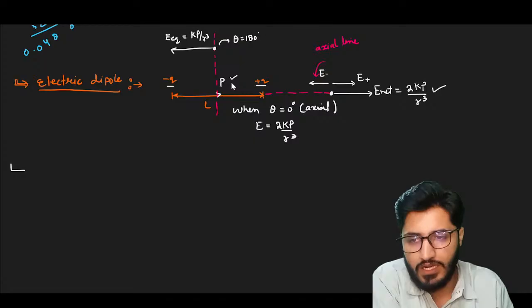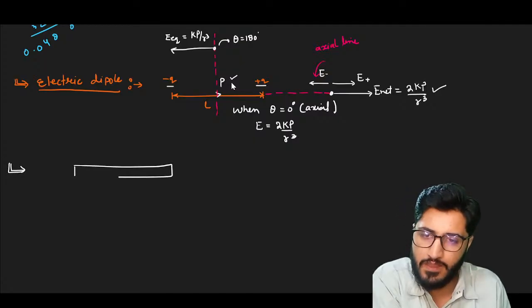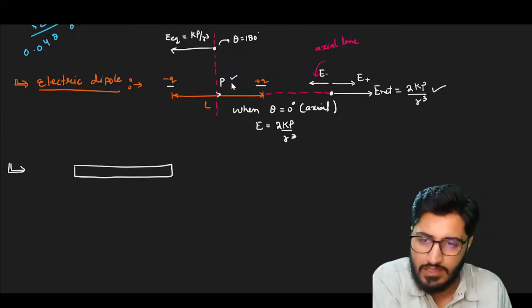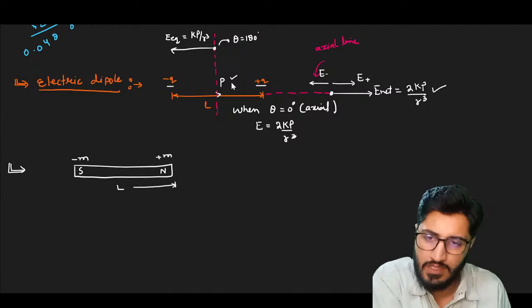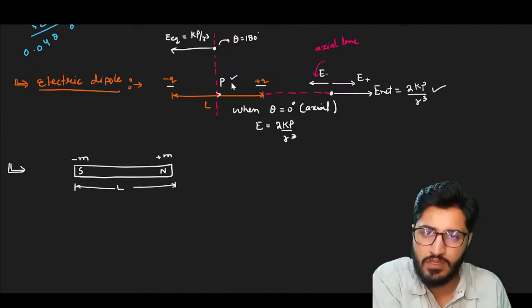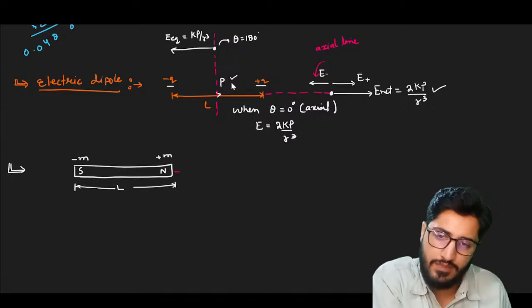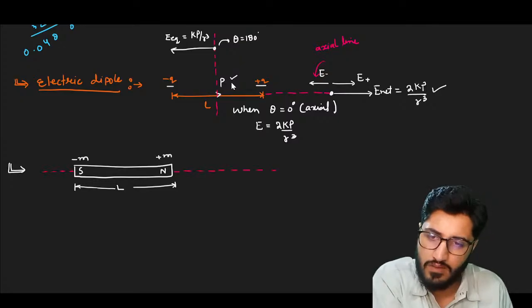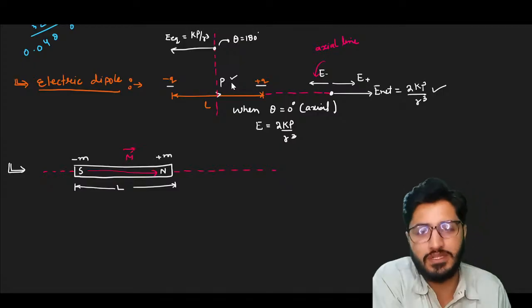Similarly, if we deal with a magnet, south pole, north pole, minus m pole strength, plus m, length is L. We know that the magnetic moment direction is from minus m to plus m.